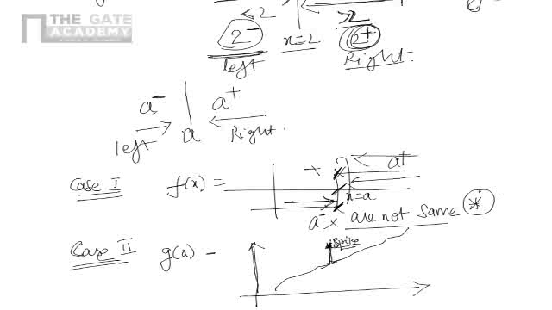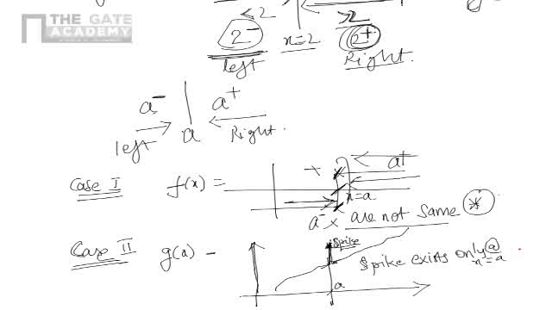This is happening only at a. Please remember, this function is such that the spike exists only at x equal to a.